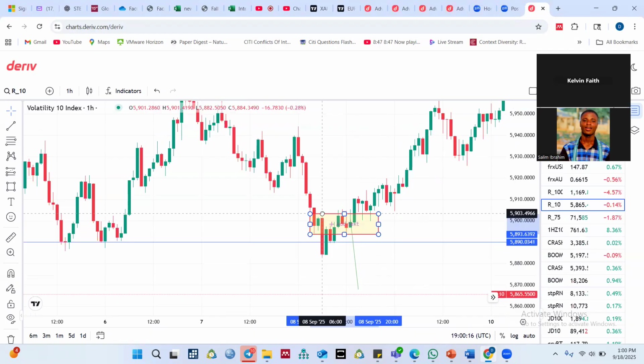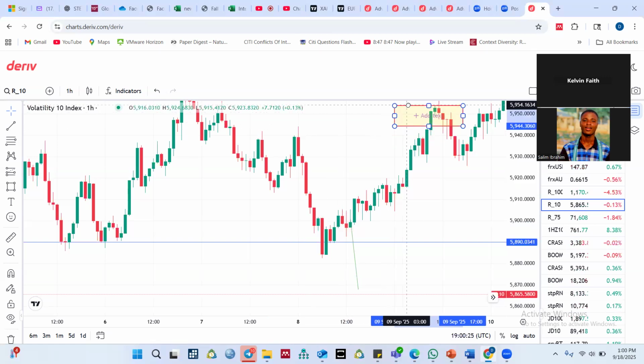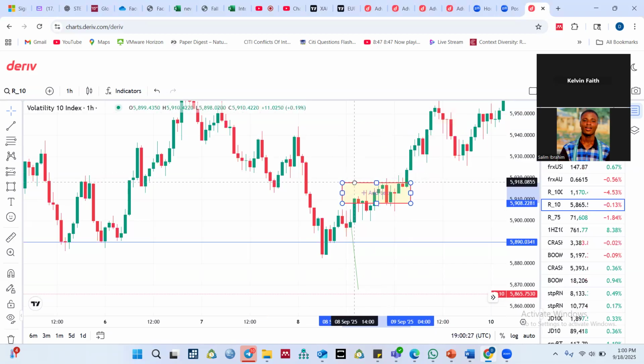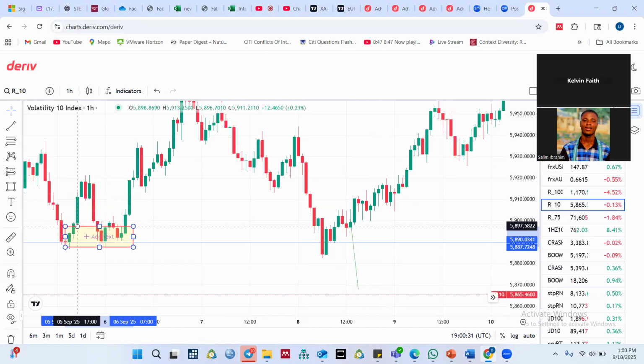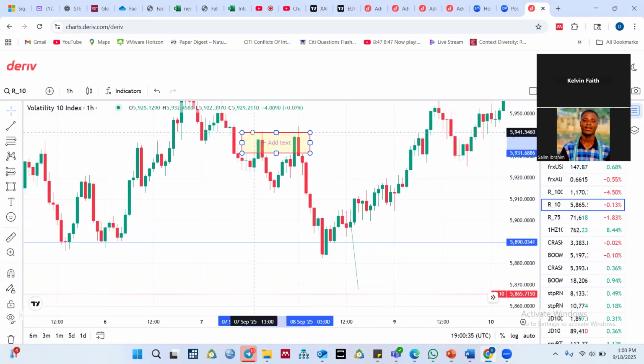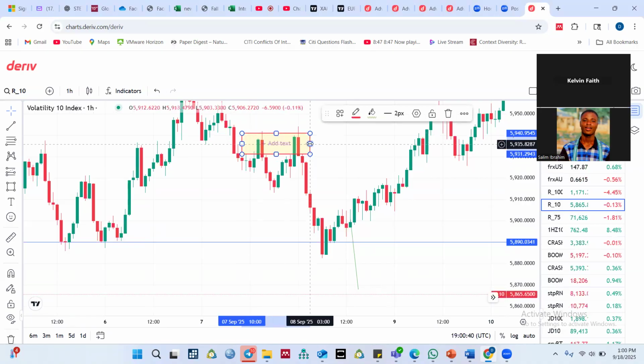This double top here. This is a double top. This area. No, on the upside. Up here. No, the recent one at your left there. This downtrend here. Yeah, yeah. Yeah, I was looking at it as a resistance.